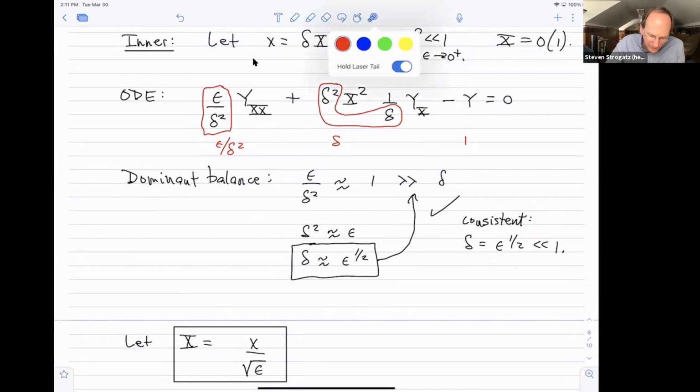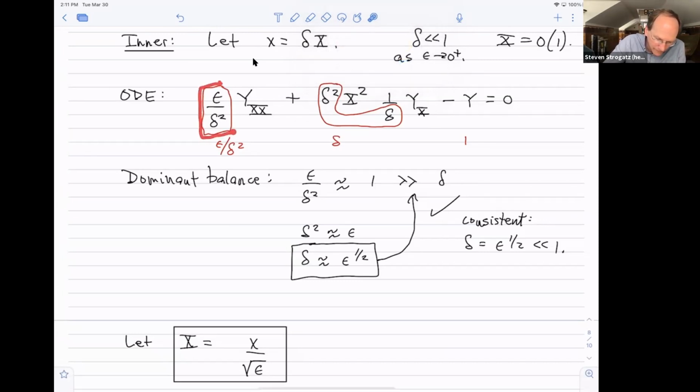And with the balance I've made, how's it going to work? Oh, I see. No, I didn't balance those 2. I balanced this one. This epsilon over delta squared, we decided, is order 1. This is order 1. But this term is delta, which has an epsilon to the half.